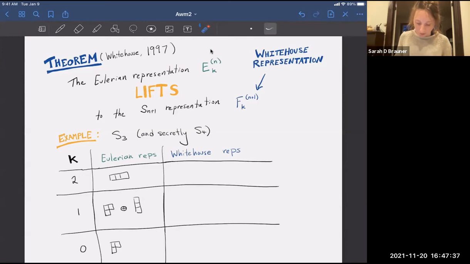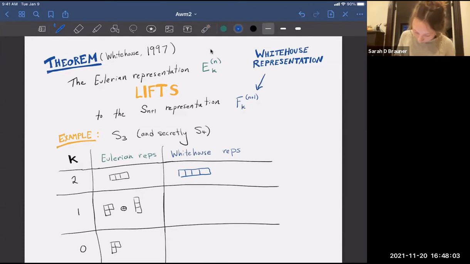So here are the Eulerian representations that we have. And so I want to think about what representations of S4 will restrict down to these representations. So for example, this trivial representation here, the only thing it turns out that will work is this trivial representation of S4, because this is the only block I can remove.